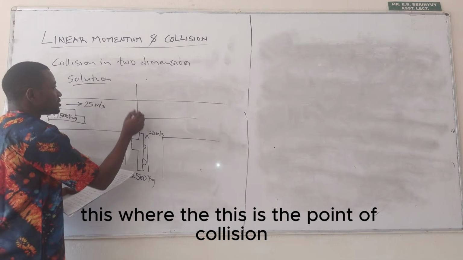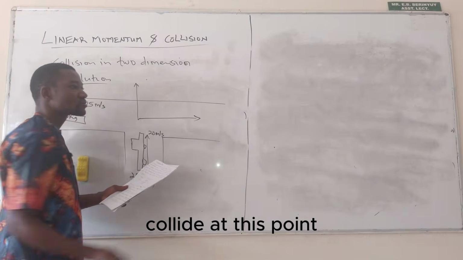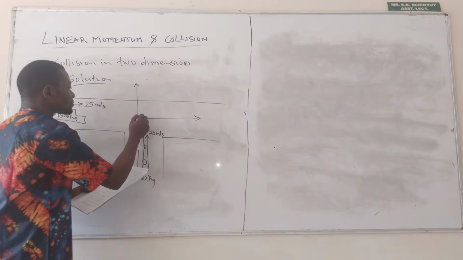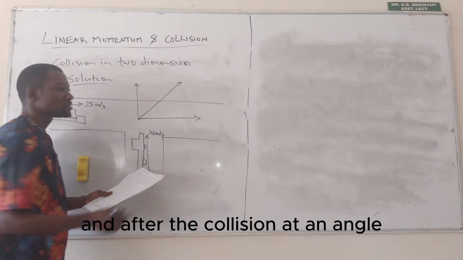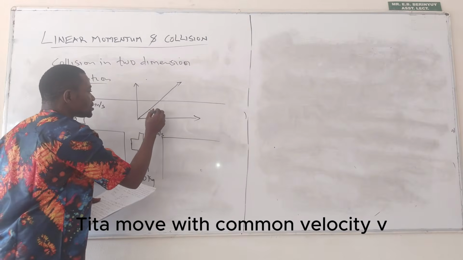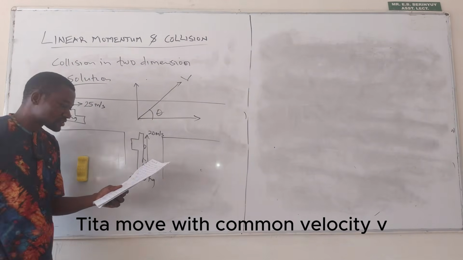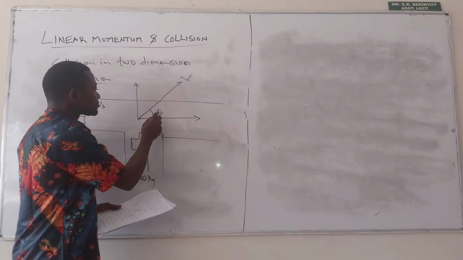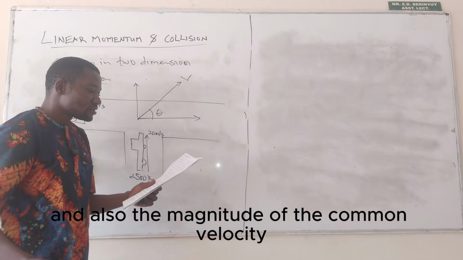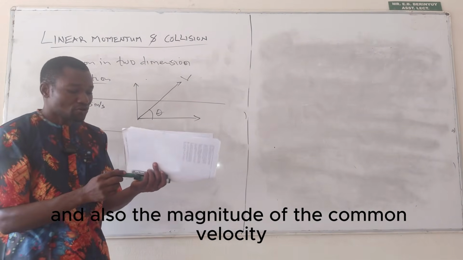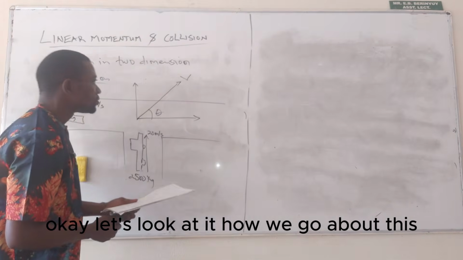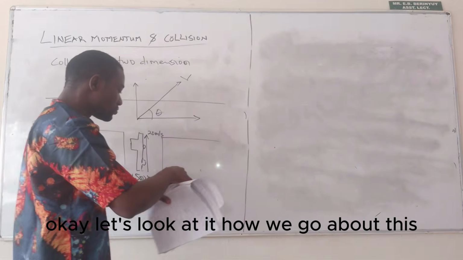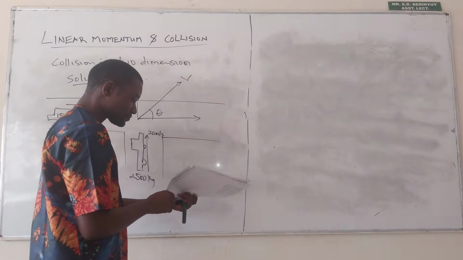This is the point of collision. After the collision, they move at an angle theta with common velocity v. So we are to find the direction and also the magnitude of the common velocity. Okay, let's look at how we go about this.